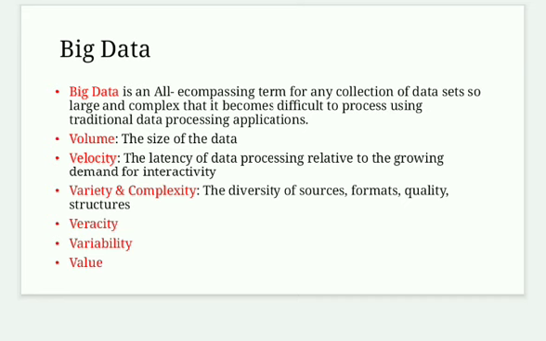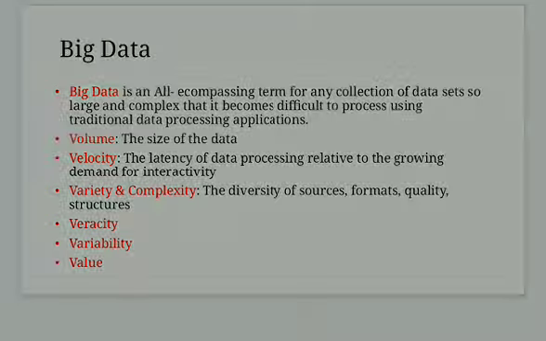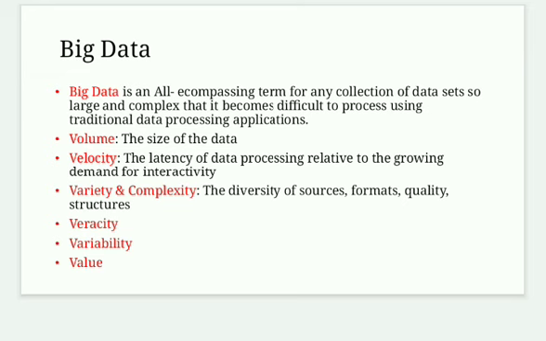Why the customer has given such kind of reviews to such a mobile or whatever laptop you purchase online. Next one is variability, that means inconsistent data. Your data is not consistent here. The last one is value. What is the value of the data? What revenue do you get from those data?